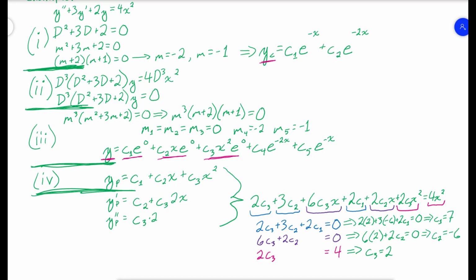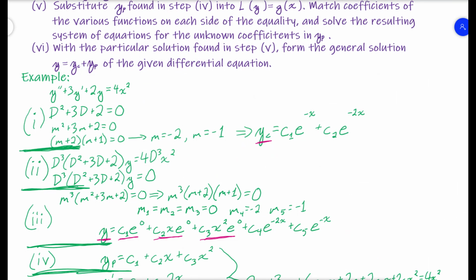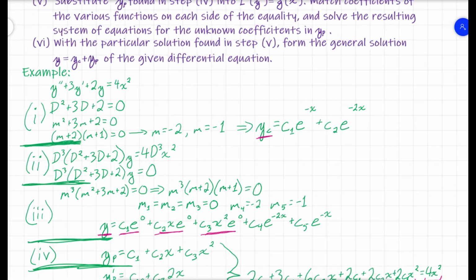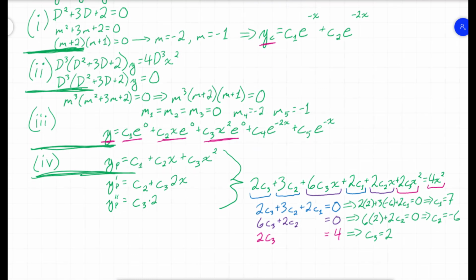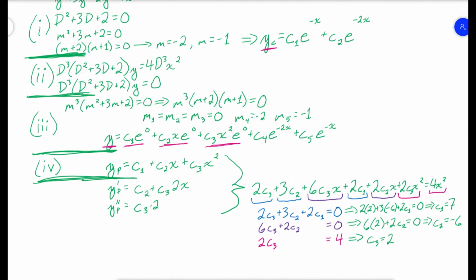So step 5 had told me that I needed to match coefficients of the various functions on each side, and solve the resulting system of equations for the unknown coefficients in y sub p. So I've solved for all of my coefficients, so the only thing that's left to do is substitute them back in.